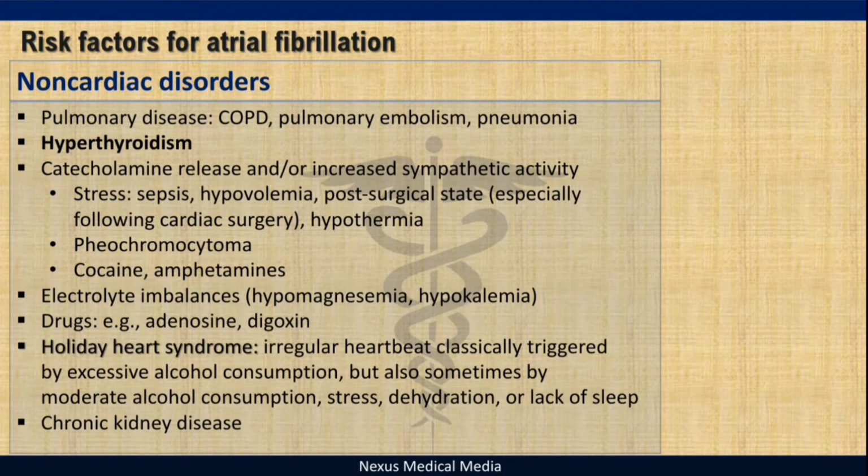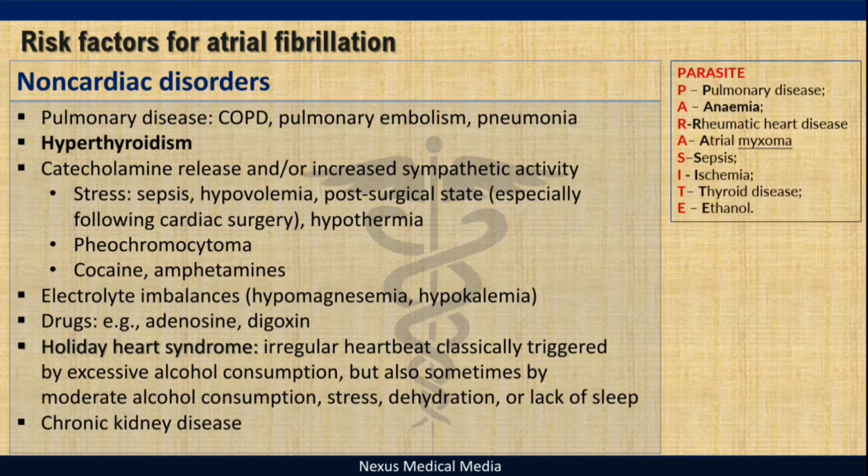Chronic kidney disease is also a risk factor, right? There are a lot of risk factors, but the most important ones can be remembered by the mnemonic PARASITE. P for pulmonary diseases, A for anemia, R for rheumatic heart disease, A for atrial myxoma, S for sepsis, I for ischemia, T for thyroid disease, and E for ethanol, for alcohol. PARASITE.